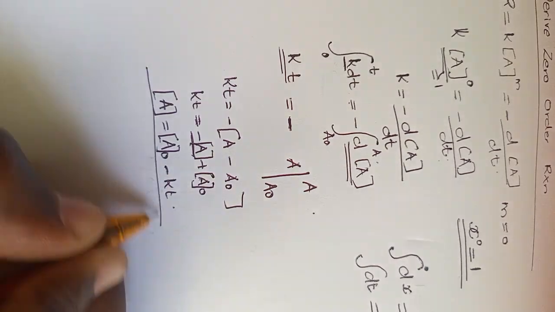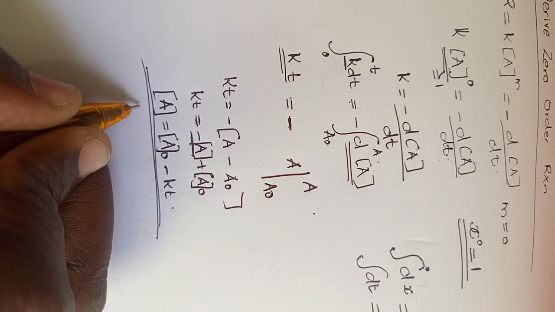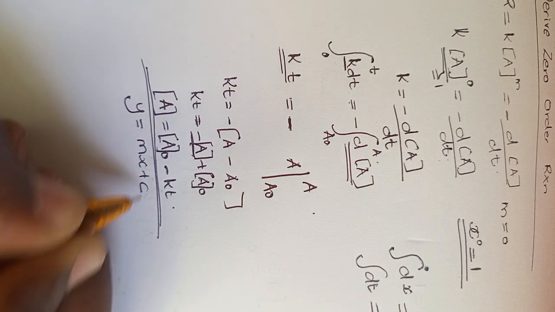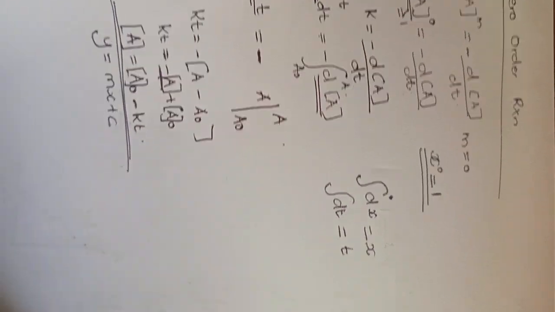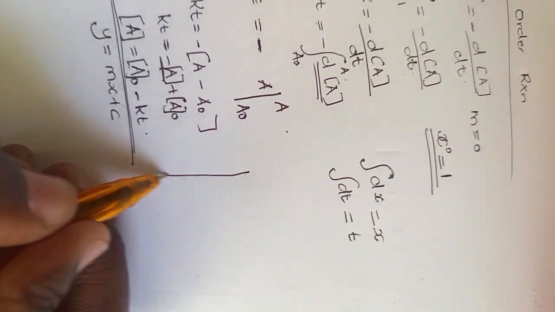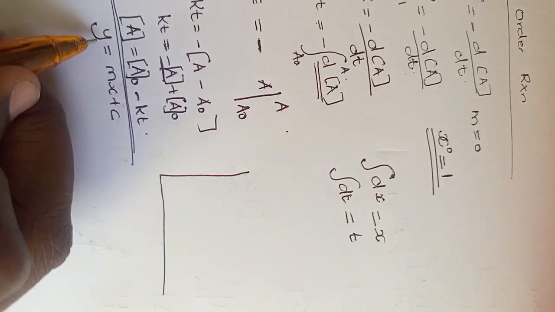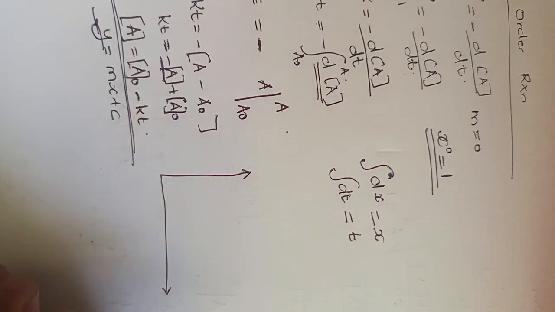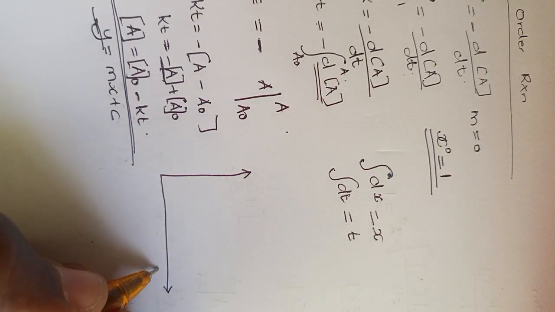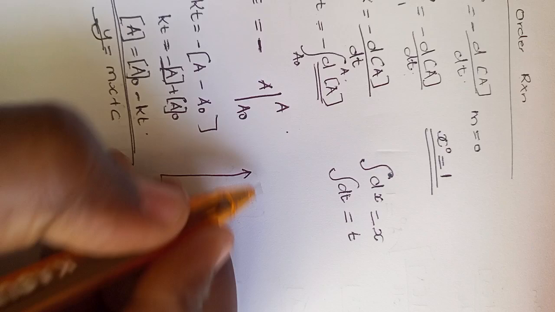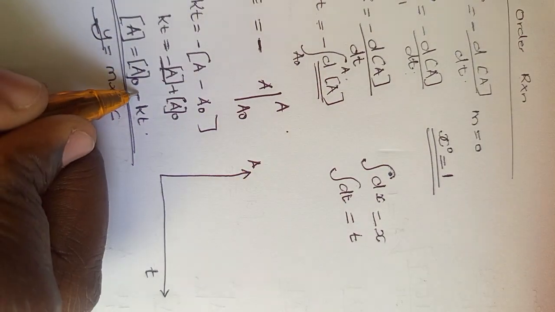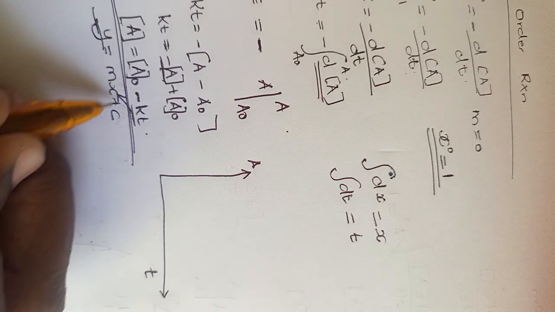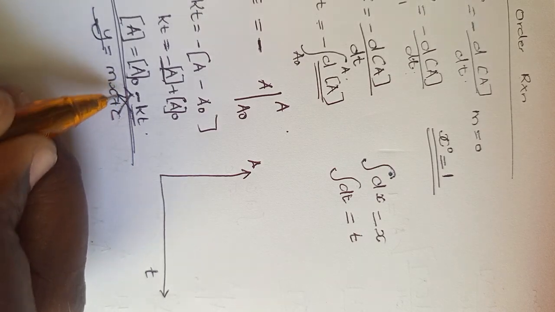Which is equal to A naught minus Kt. Now, when you write it in this form, it's in the form y is equal to mx plus c. So on plotting your graph, it becomes simpler, where you put the y value and the x value. So x is time and y value is A. Because of this, Kt is the mx and c is the A naught.